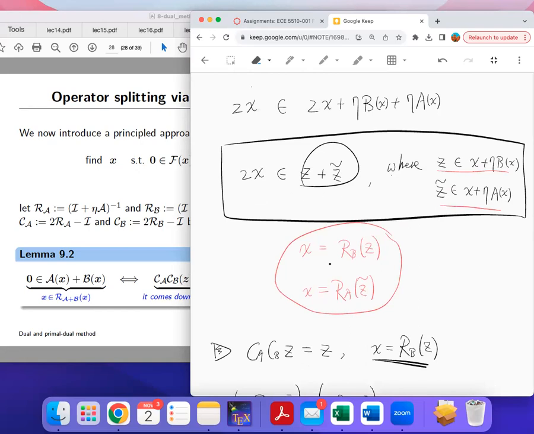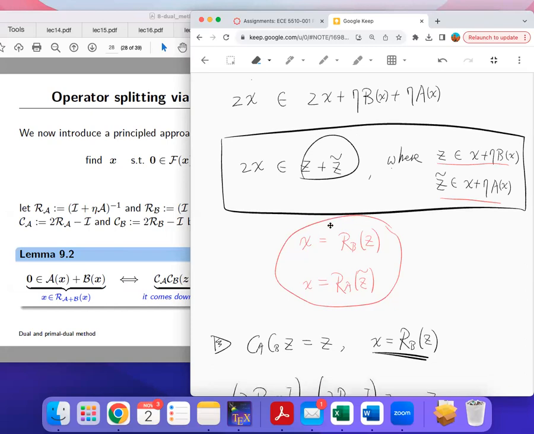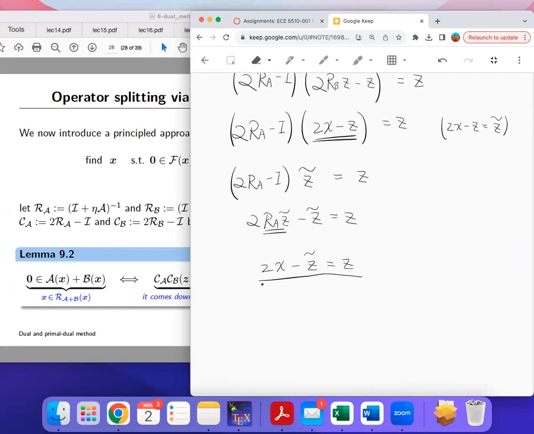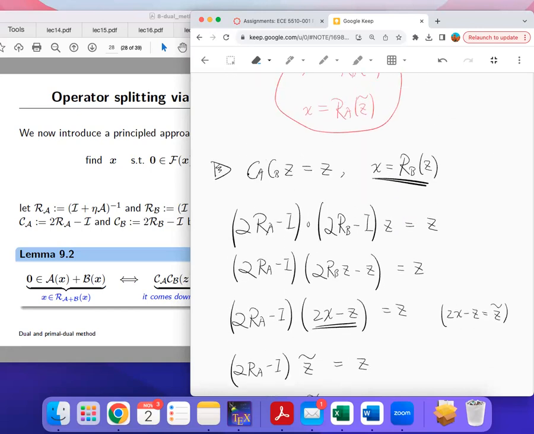So we were here. We have 2x belongs to z plus z tilde. Well, z tilde is defined in this way, and x is given by RAZ, RBZ, and RAZ tilde. To continue the proof, you actually start from this line and go to the top. You will reach this point.